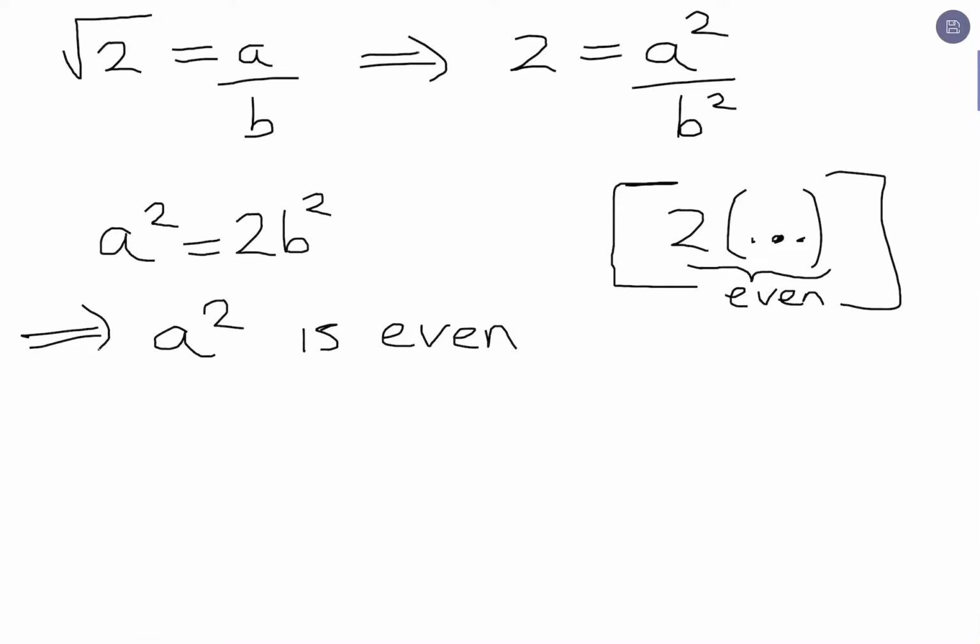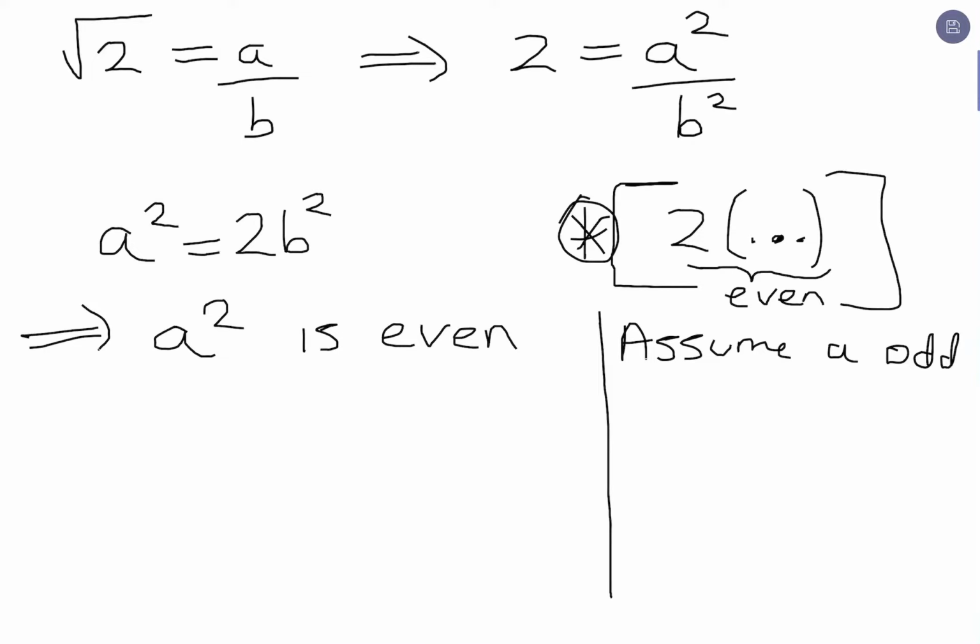Let's make another observation over here. There are obviously 2 choices for a: a can either be odd or a can be even. Let's assume a is odd. Just going to change colours here, switch it up. So now we can write a equals 2k plus 1.